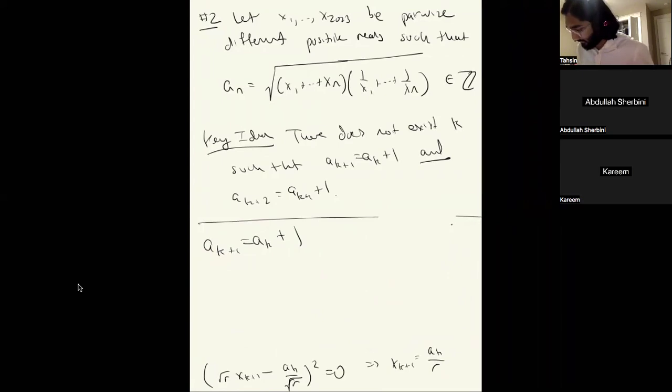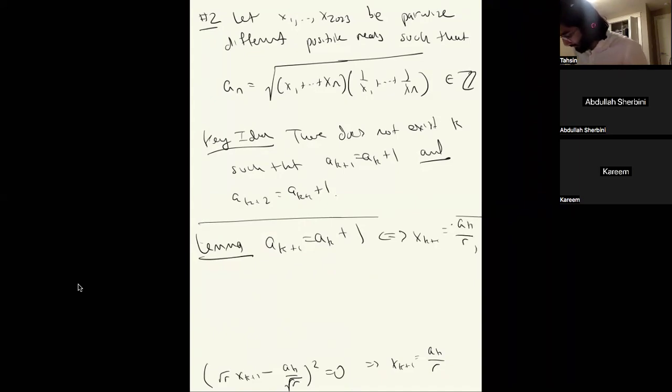What you'll find is that this is equivalent to, maybe this is the key lemma. So this is a lemma now: ak plus 1 equals ak plus 1 if and only if xk plus 1 is equal to ak over r, where r is equal to 1 over x1 all the way to 1 over xk.